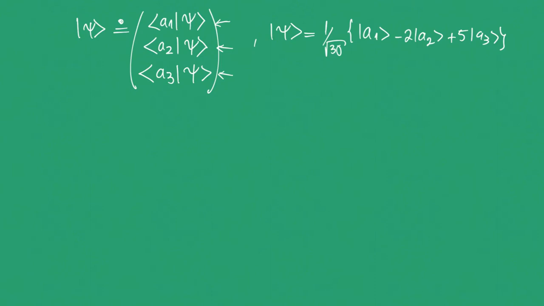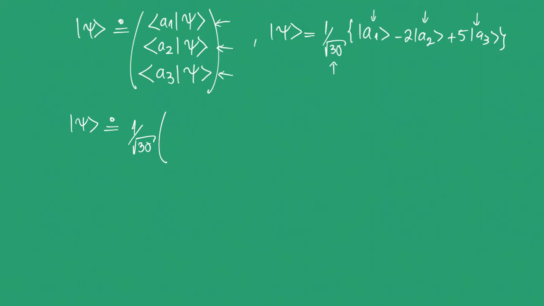This is a basic calculation. I'll skip some steps, but I strongly encourage you, if you have any doubt, to do all the steps on your own. I'll put 1 over square root of 30 in evidence, since all the terms here are followed by 1 over square root of 30.